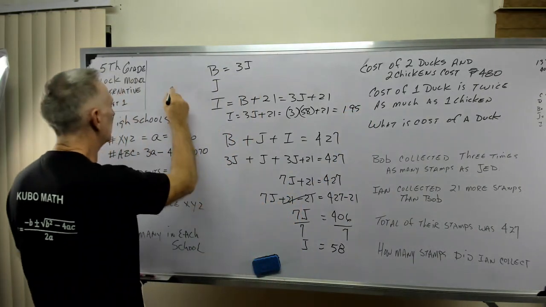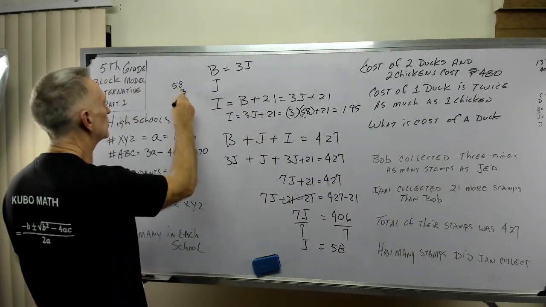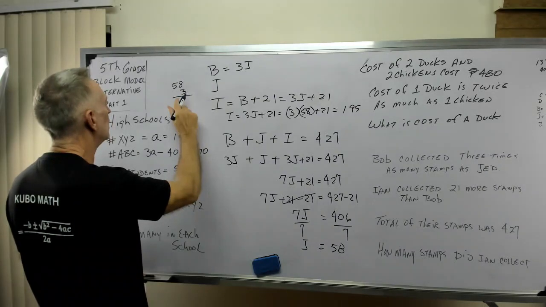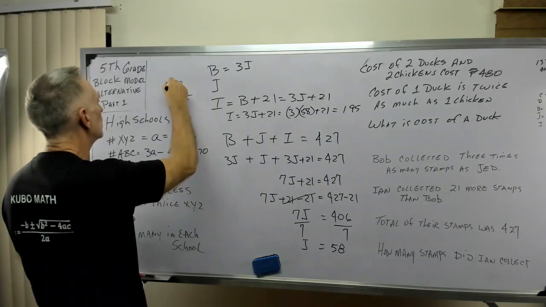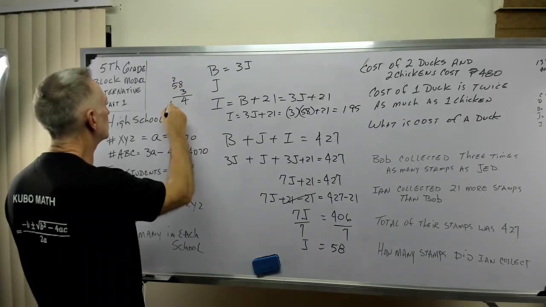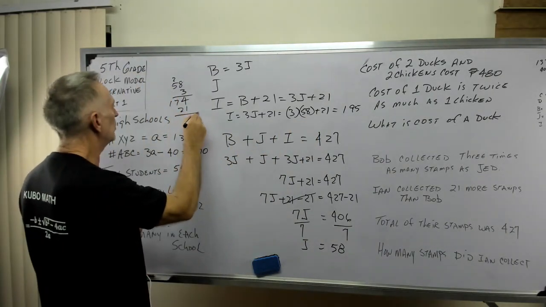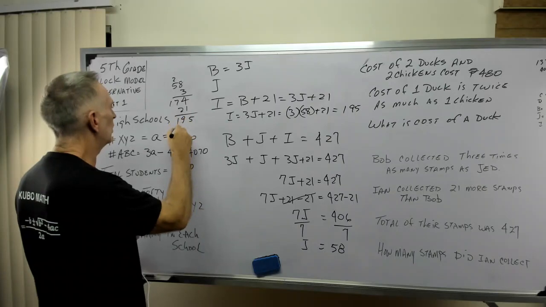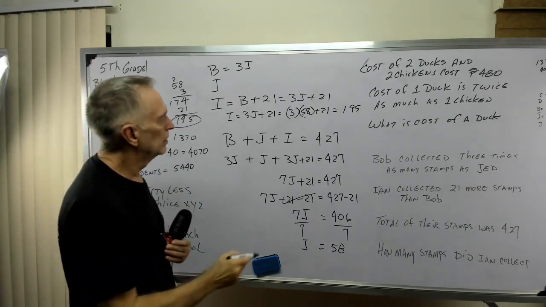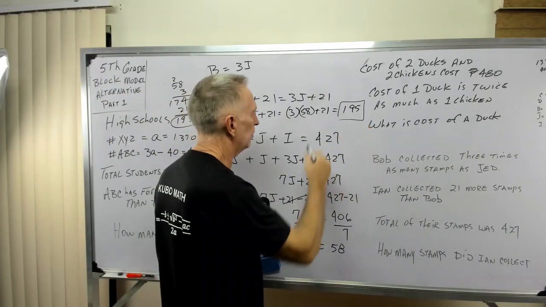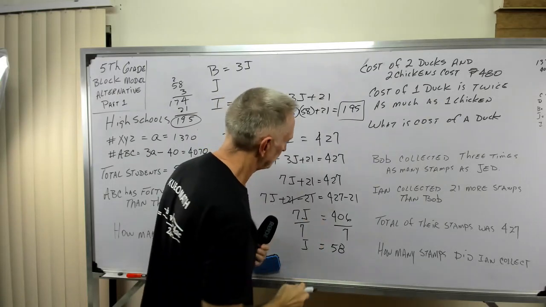Let's confirm that. 58 times 3: 8 times 3 is 24, 5 times 3 is 15, plus 2 is 17, plus 21 is 195. So Ian had 195 stamps.